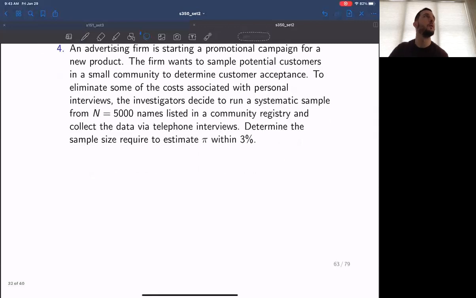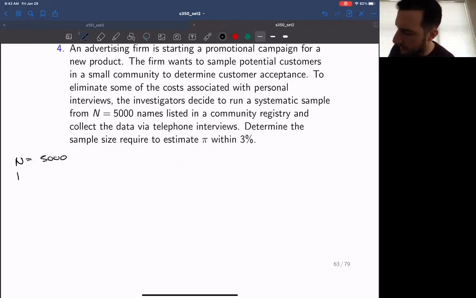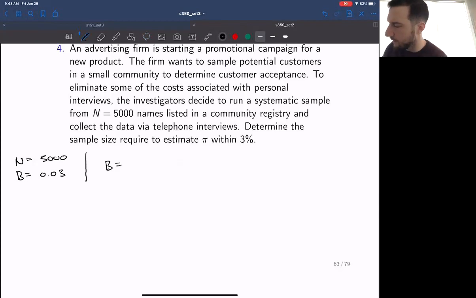Okay, so in this situation, we can make the following notes. Here we have capital N equals 5,000, and we have little b is 0.03. Then we have 1.96, so we're just going to assume a 95% significance level, nothing stated.